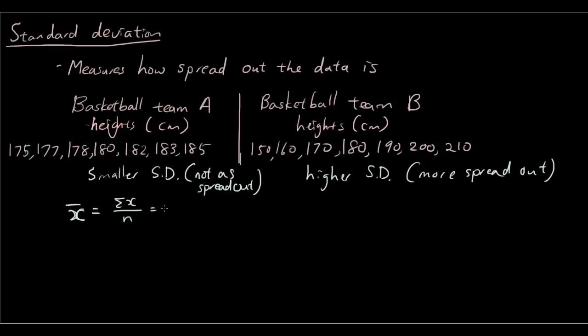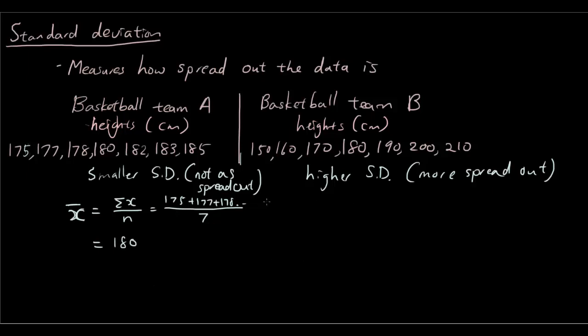So basically we're going to add all the numbers together and divide it by 1, 2, 3, 4, 5, 6, 7, divided by 7, and we get 180.